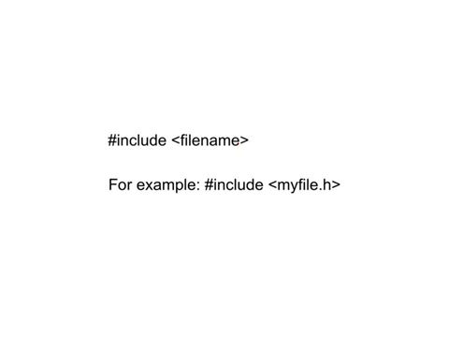So for example, if you had a file called myfile.h and you wanted to include it, you would write pound sign, include, less than sign, myfile.h, greater than sign.